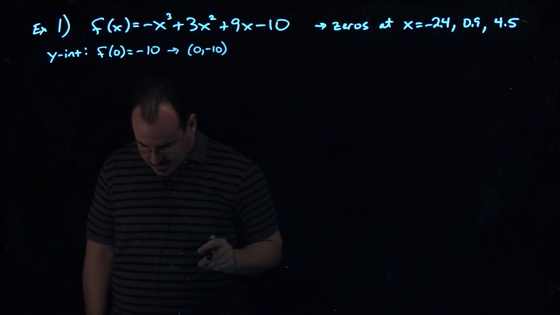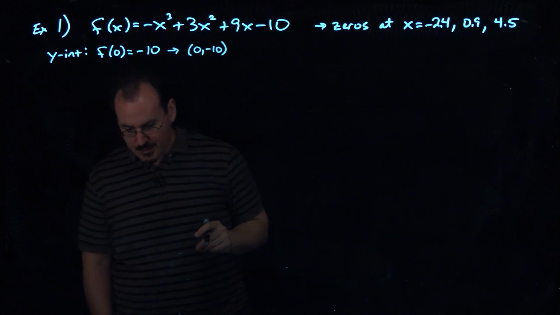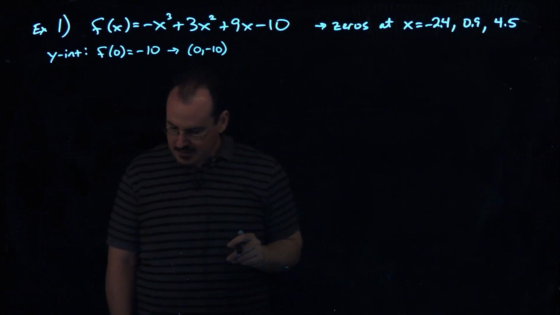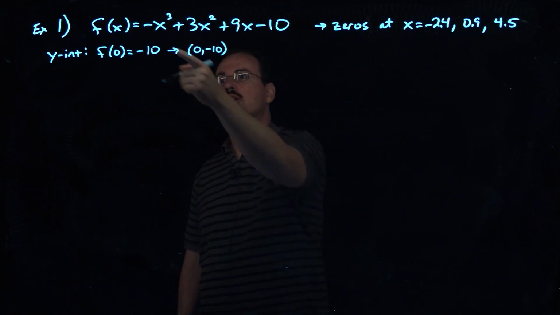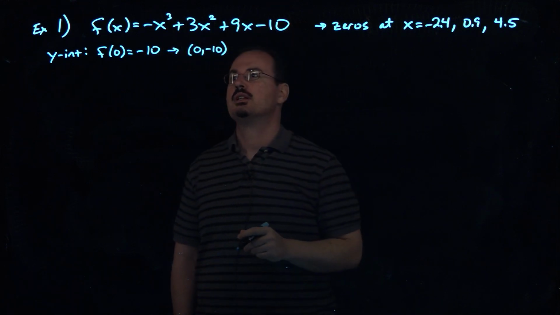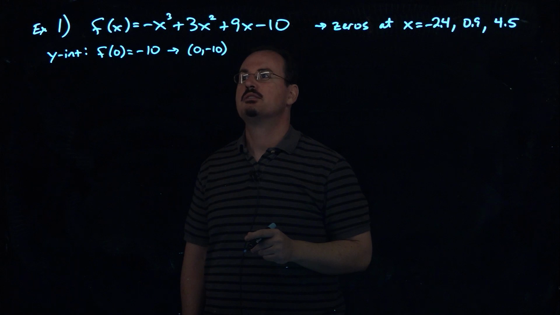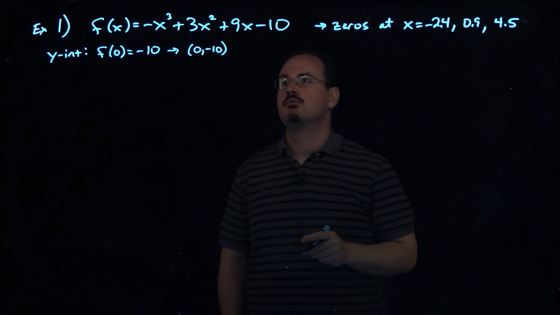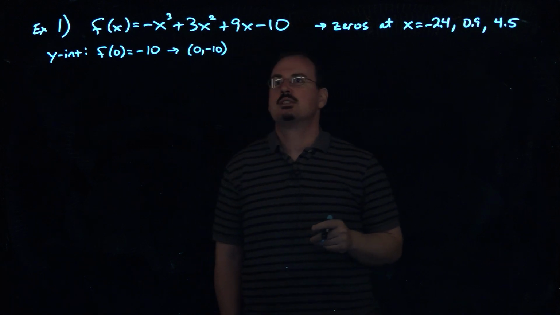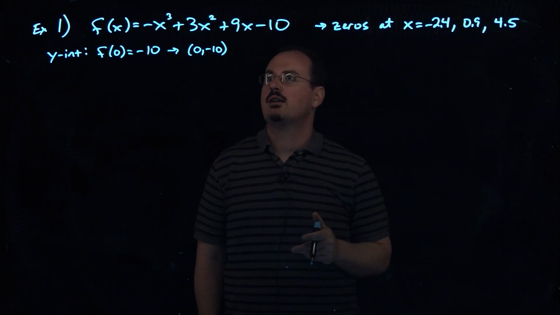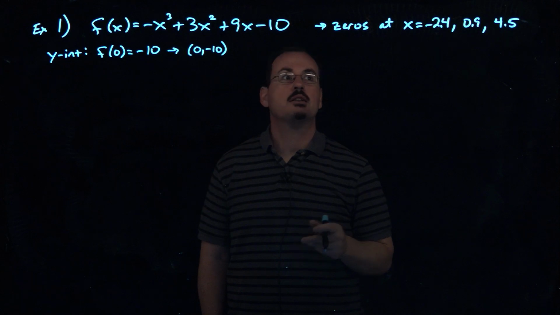Okay, then it says find any x-intercepts by solving f of x equals 0 if this is not too difficult. Well, in this case, it is too difficult. This is a cubic polynomial. It's pretty difficult to factor cubics if they do factor at all. This one doesn't, so it makes it even harder. So if you want to find the zeros, there's ways to do this without having to actually do it algebraically.